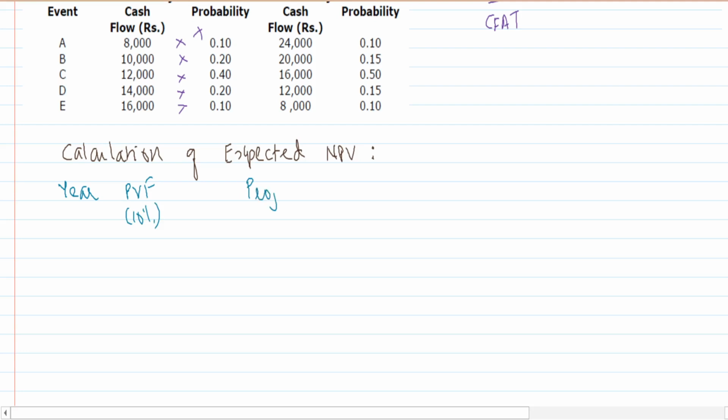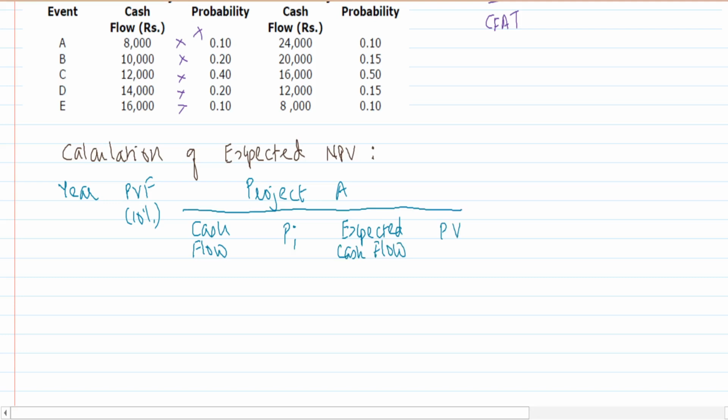And then I say project A: cash flow, probability, expected cash flow, and then the present value.